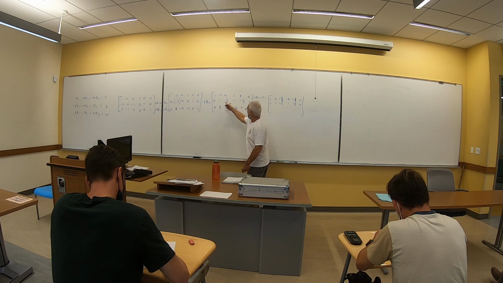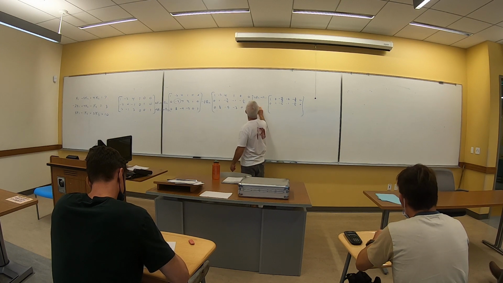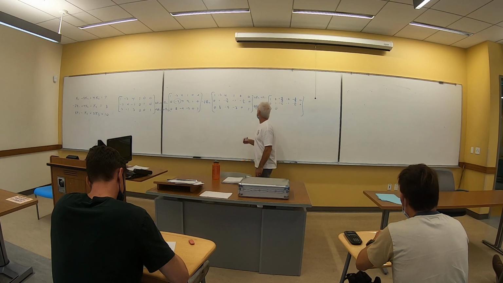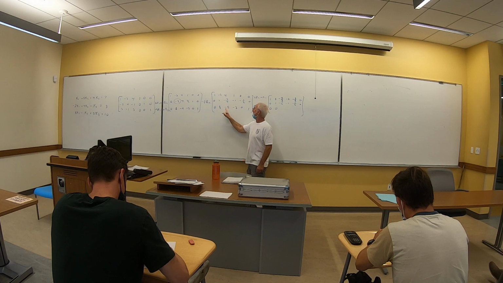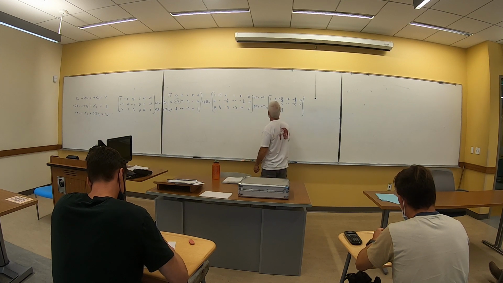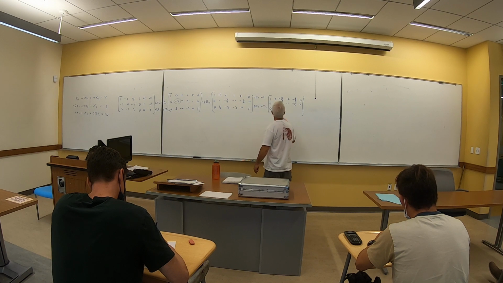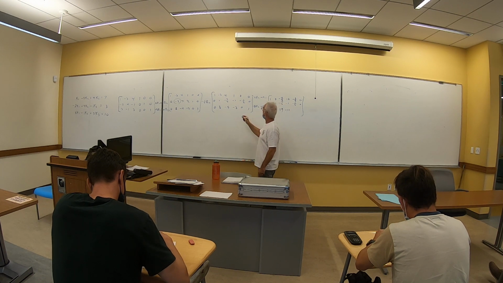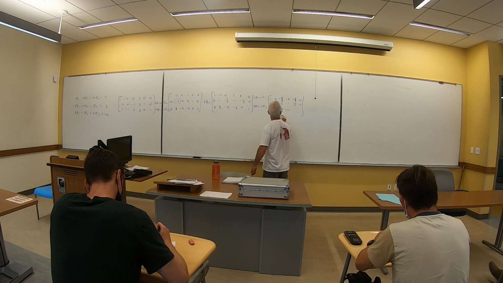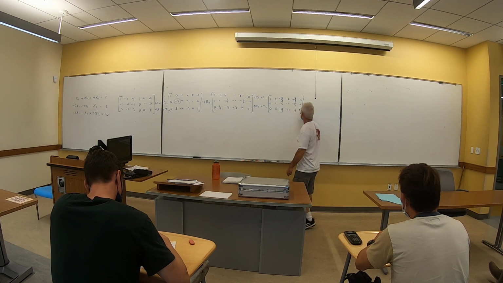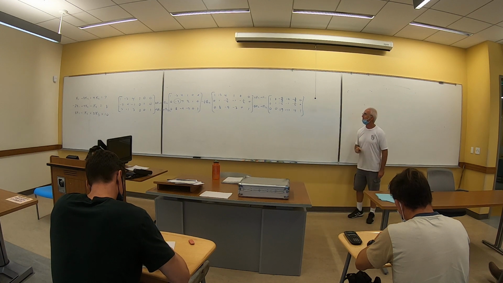This way, negative 8 row 2s plus row 3. So 0, 0. Negative 8, so it'd be positive 56 halves, or 28 minus 9 would be 19. Negative 8 plus negative 3, that'd be negative 11. Positive 4 plus 0. 0 plus 1.